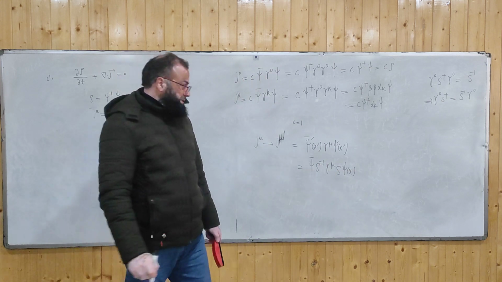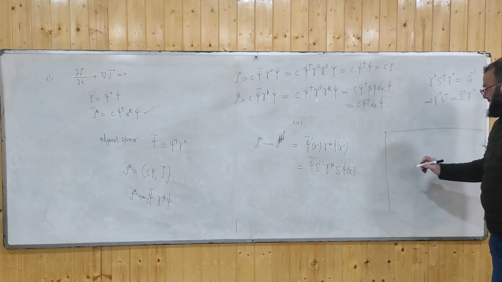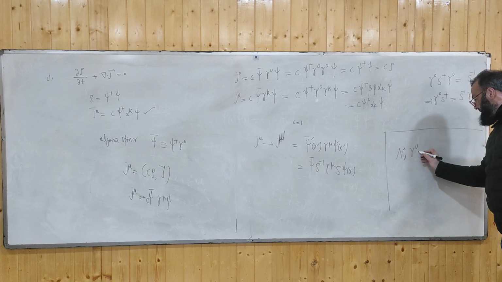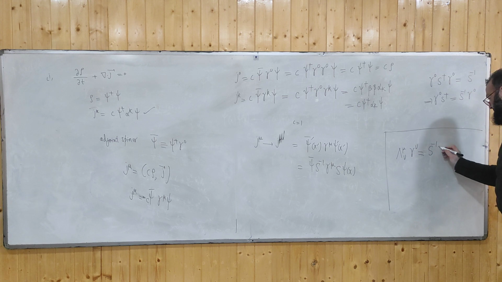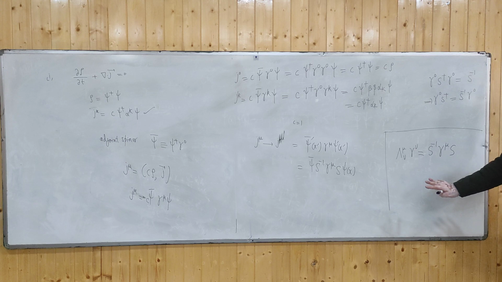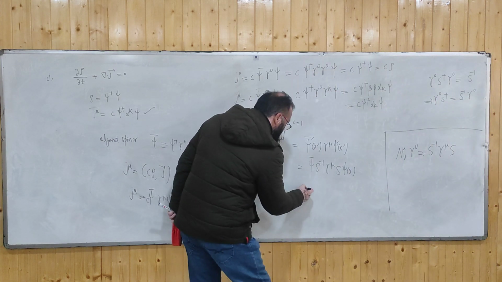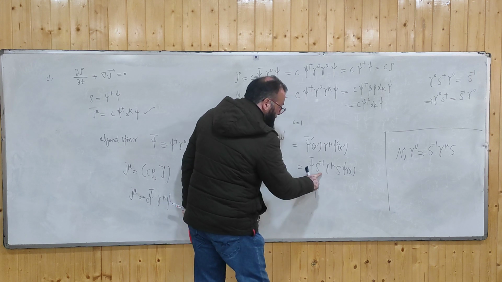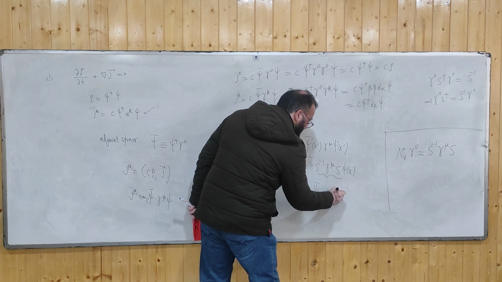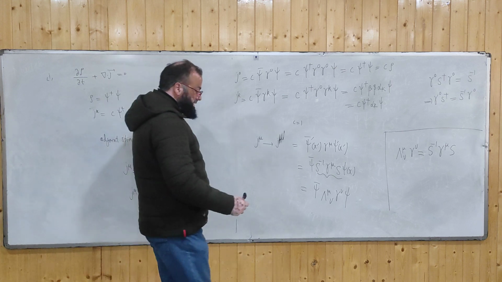Now we have this identity for Lorentz transformation: lambda mu nu gamma nu is equal to S inverse gamma mu S. This is the identity we have already derived. Let me use that. So it is equal to psi bar lambda mu nu gamma nu psi.